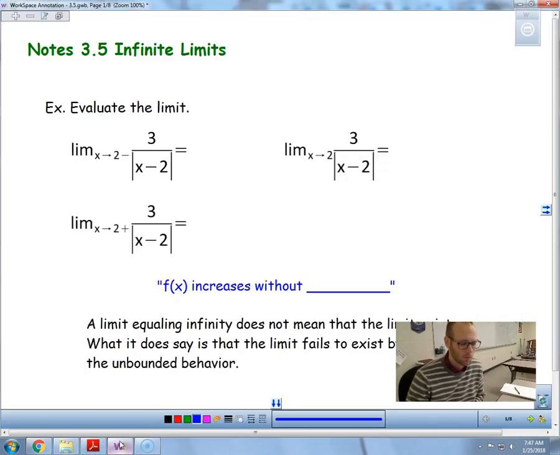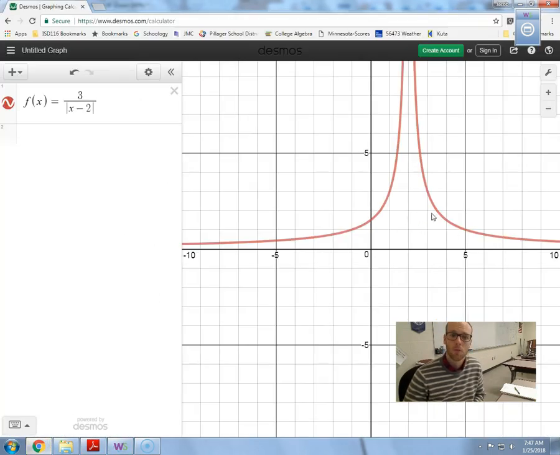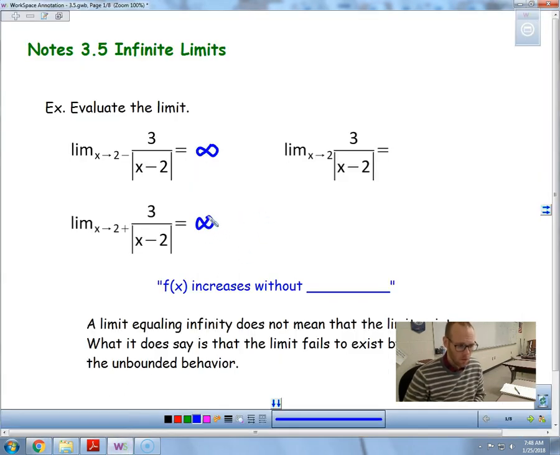It's going to infinity. As we come from the right, going to 2 from the right, where is it going? It's going to infinity. So that must mean that our limit, it's going to infinity from the left, it's going to infinity from the right, so the limit as x goes to 2 is infinity.